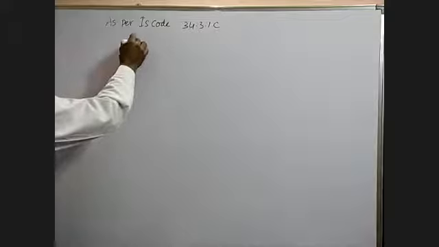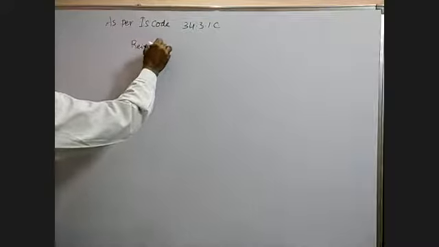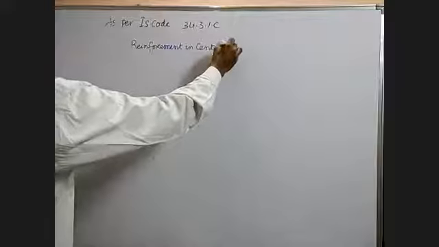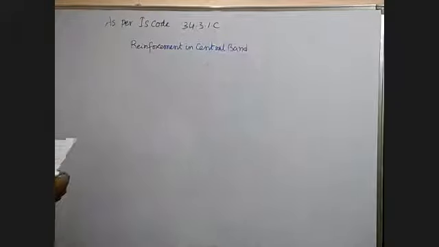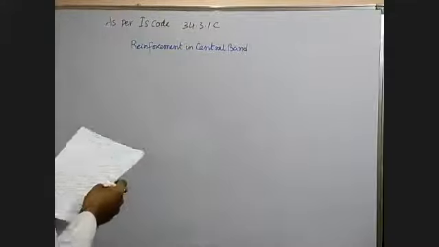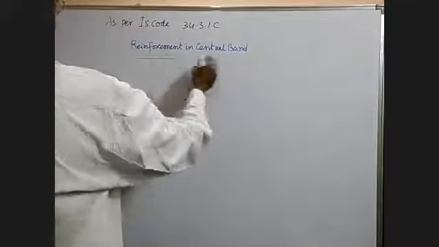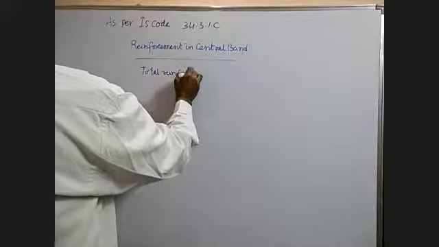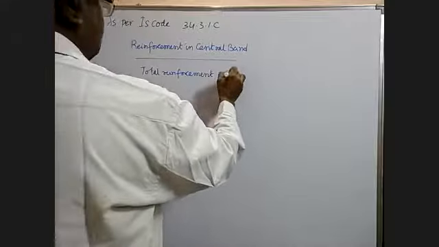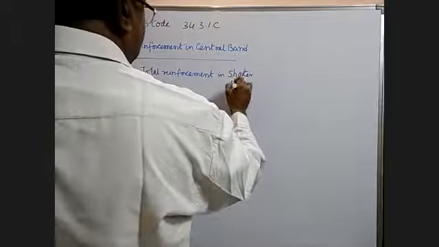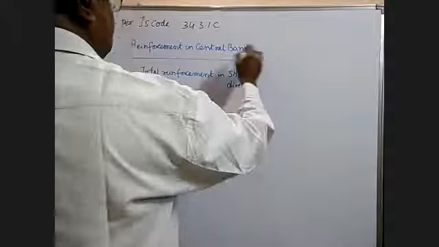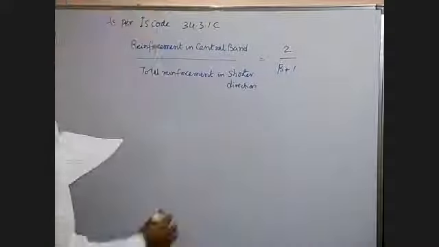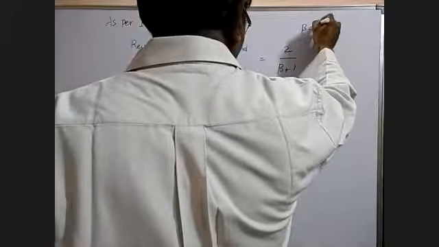What it says to do is: reinforcement in central band divided by total reinforcement in shorter direction is equal to 2/(β+1), as in the code book. What is β? β is equal to L/B.